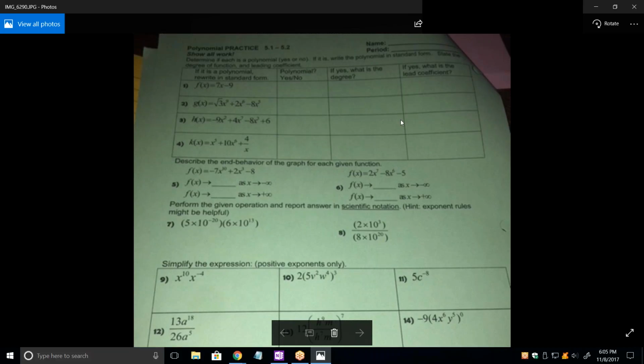Positive 7. All right. Even though the positive is implied when you say 7, the most important thing about that coefficient is whether it's positive or negative. That determines everything. It determines whether a parabola is going to open up or down. It determines the left-hand and the right-hand end behavior on all these polynomials.